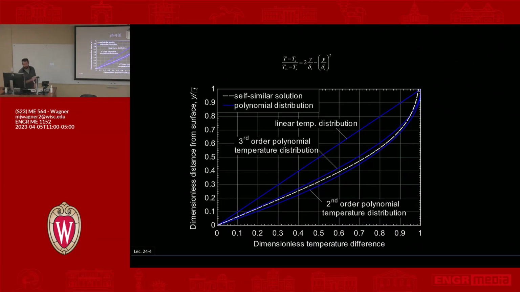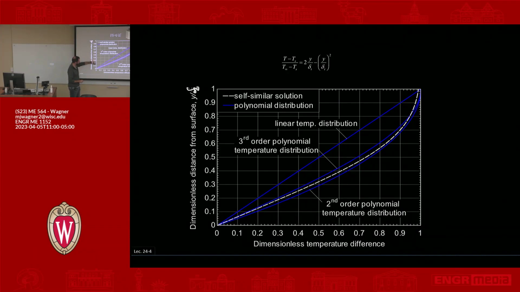So what does this look like? The solution, again, goes from 0 to 1. This is our dimensionless distance from the surface, y over delta t. And then our dimensionless temperature difference. As you go up in height, this would be your temperature.